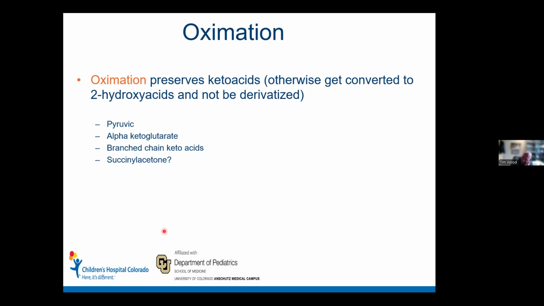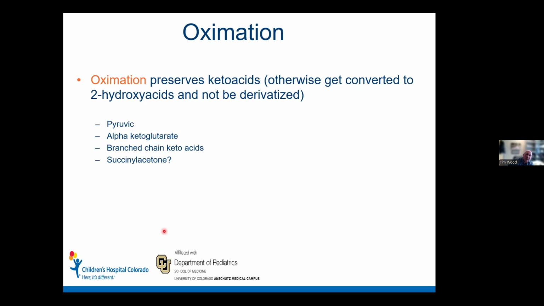One of the other changes or methodologies that you can use is something called oximation. And this helps preserve the keto acids. You're adding hydroxylamine, because sometimes these short chain keto acids will not be derivatized. And so I think about pyruvic acid, alpha ketoglutarate, the branched chain keto acids, and succinylacetone.